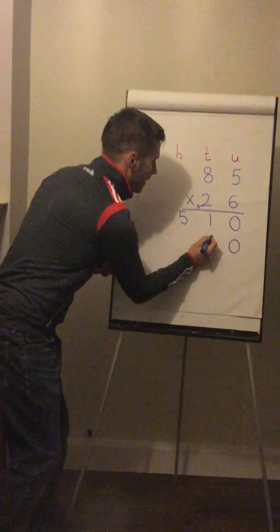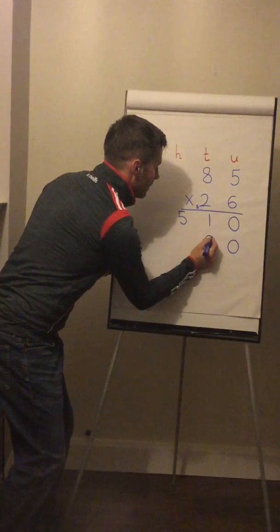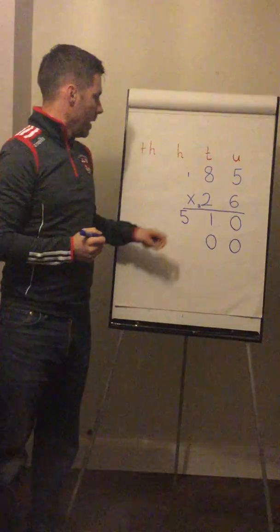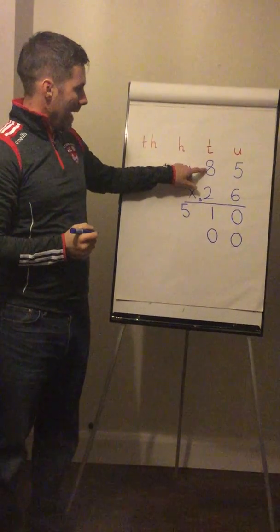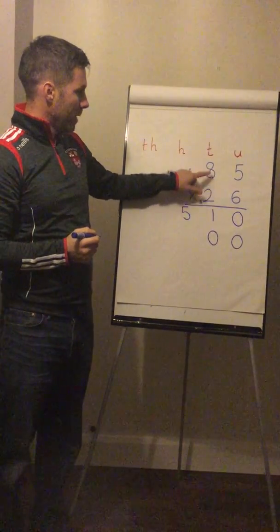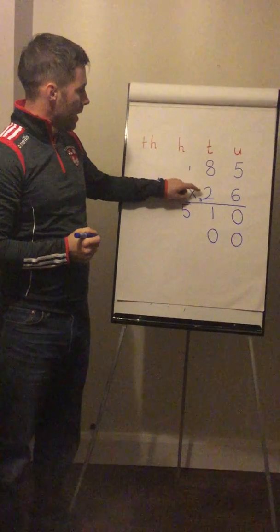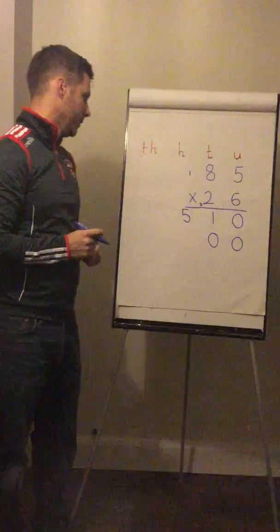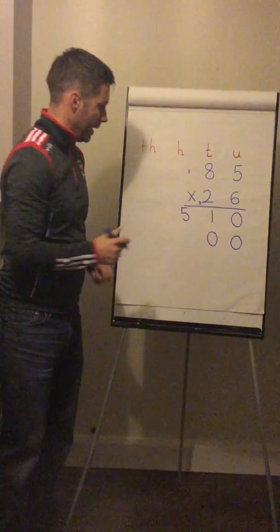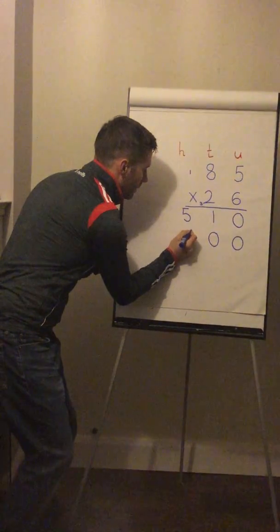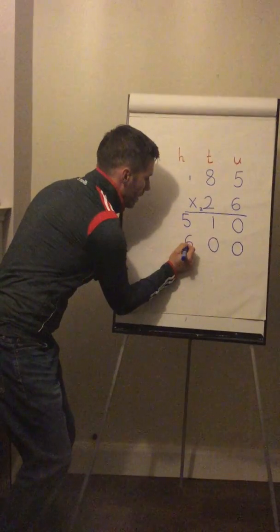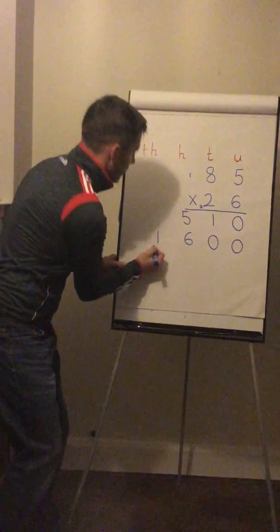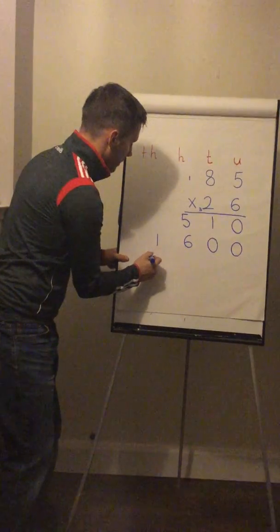So I can put my 0 in my tens answer column and carry my 100. Now 2 tens multiplied by 8 tens, and remember if you multiply 10 by 10 your answer is going to be in hundreds. 2 tens multiplied by 8 tens gives me 16 hundreds, which is the same as 1,600. So here's my 600 in my hundreds answer column and my 1,000 over in my thousands answer column.